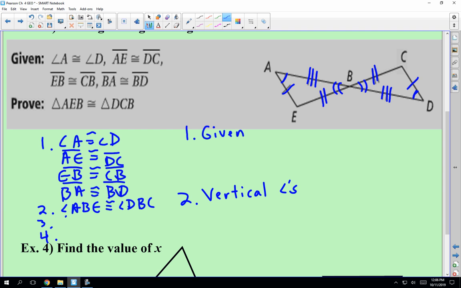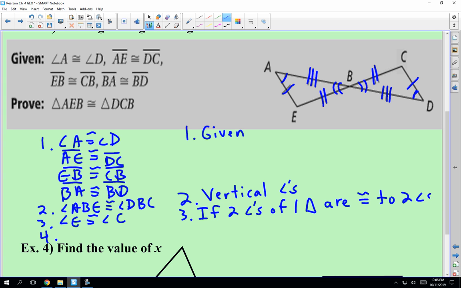So you can say angle E is congruent to angle C, and that's because if two angles of one triangle are congruent to two angles of another, the third angles are congruent.